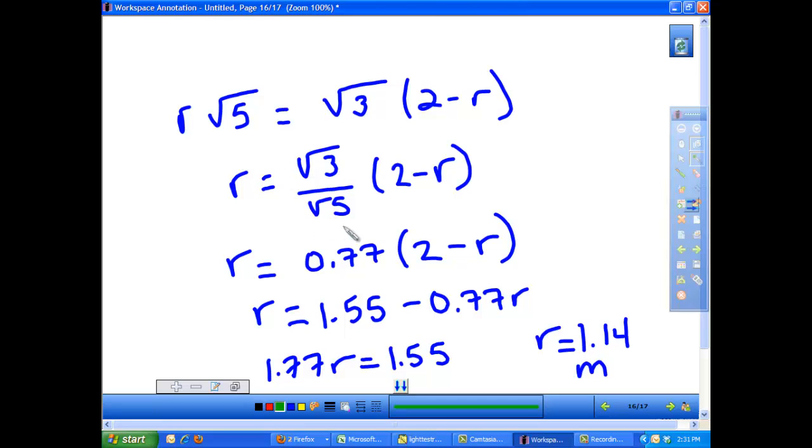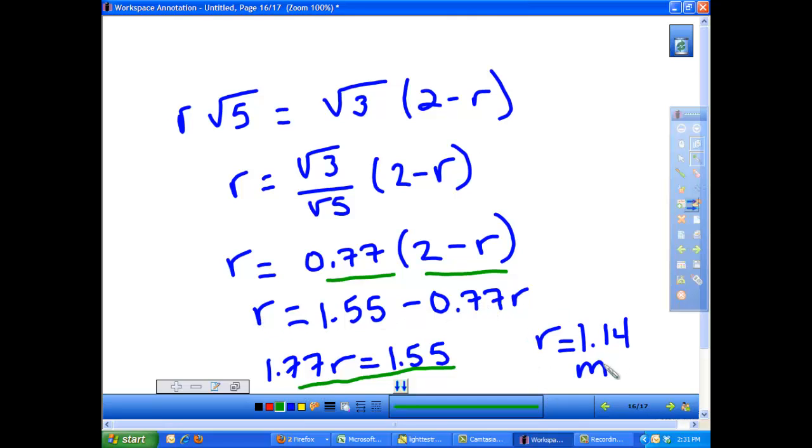I'm going to divide both sides by square root of 5 times (2 minus r). That gets me 0.77 times (2 minus r). Then I'm going to distribute this 0.77 through my parentheses, and this is what I end up with. I'm going to collect like terms here. 0.77 plus 1r is 1.77r.